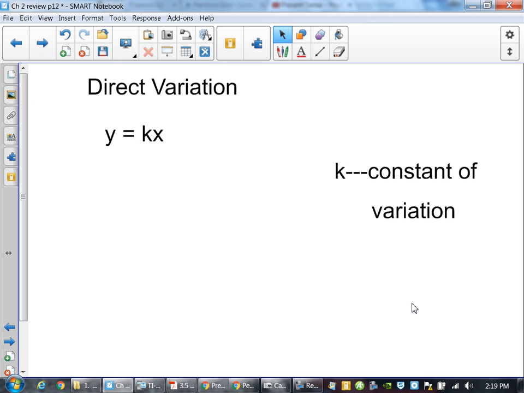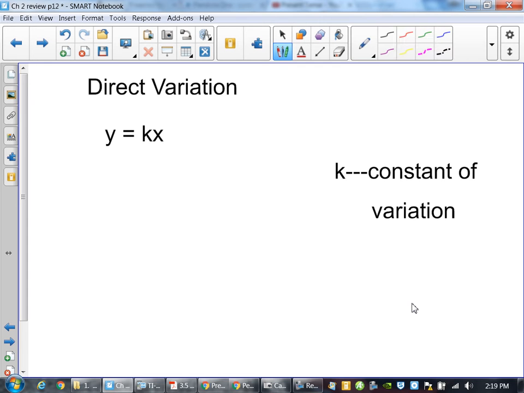All right. Direct variation. Y equals some k value times x. This k value is called the constant of variation. This is basically slope-intercept form with a y-intercept of 0 and a slope that looks like the letter k.